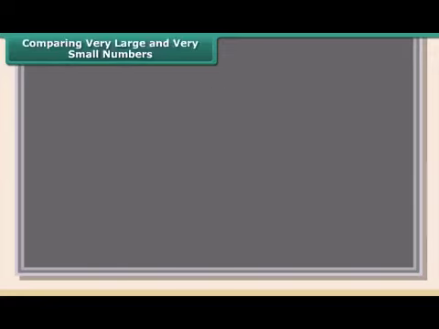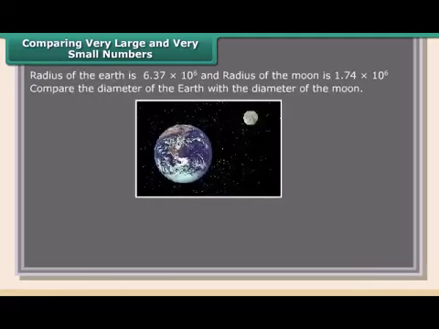Comparing very large and very small numbers. Radius of the earth is 6.37 into 10^6, and radius of the moon is 1.74 into 10^6. Compare the diameter of the earth with the diameter of the moon. Diameter of the earth is equal to 12.74 into 10^6 meters.